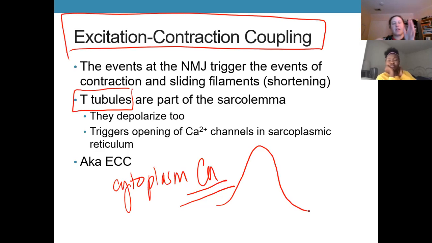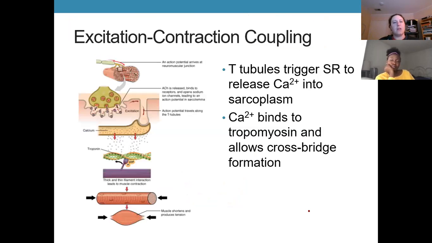And because of their intimate relationship with the terminal cisternae of the sarcoplasmic reticulum, which is where the calcium is stored, when the T-tubules depolarize, we open calcium channels in the sarcoplasmic reticulum and we release calcium.